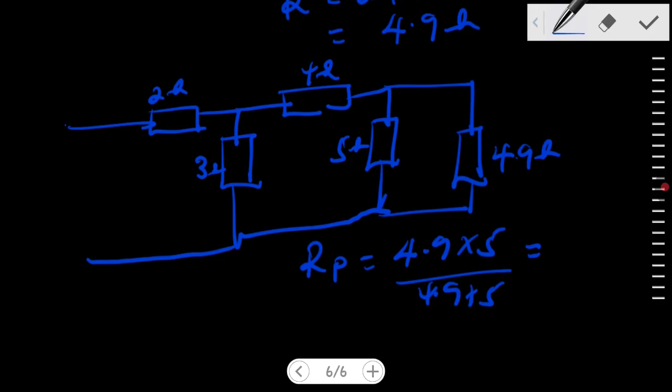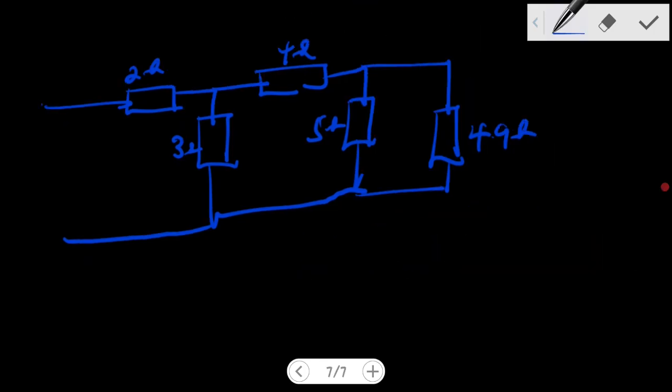And this would give me 2.475 ohms, right? Now, that means that I'm going to remove the whole of this and replace this resistor with a 2.475 ohm resistor, right?